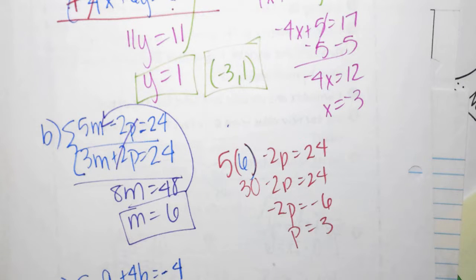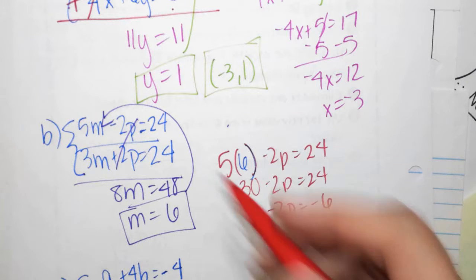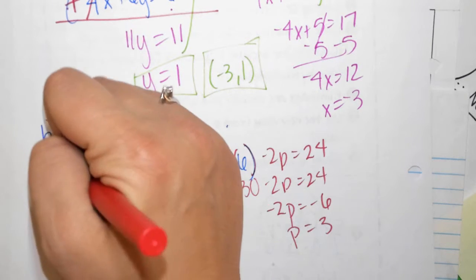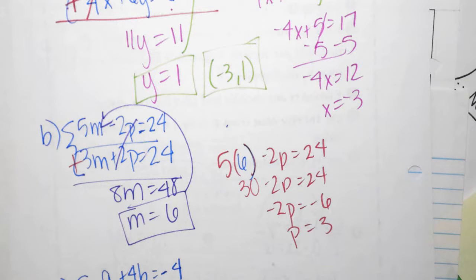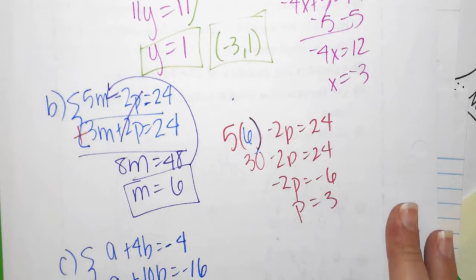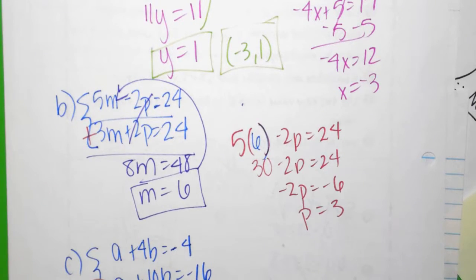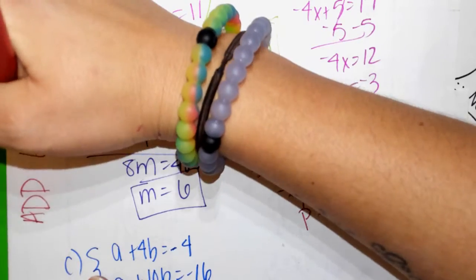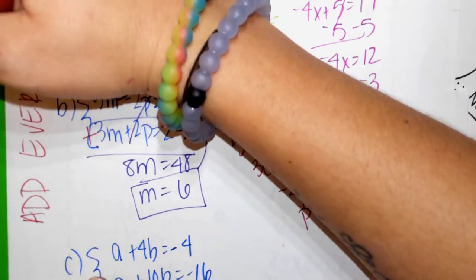Yes. 24 plus 24 is? You have to add everything when you add straight down. Everything. Add everything, children. Make yourself a note that says add everything.